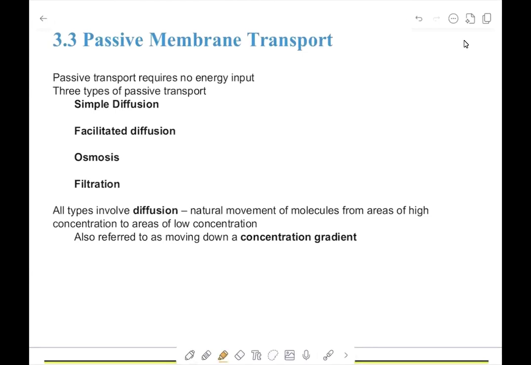Passive means that it requires no energy input, and there are technically four different types. So this really should say four. The first one is simple diffusion, and this is the movement of particles from high concentration to low concentration.